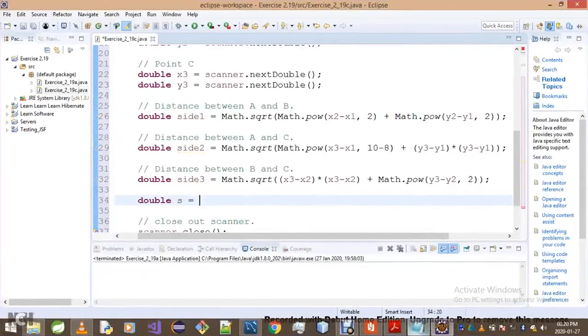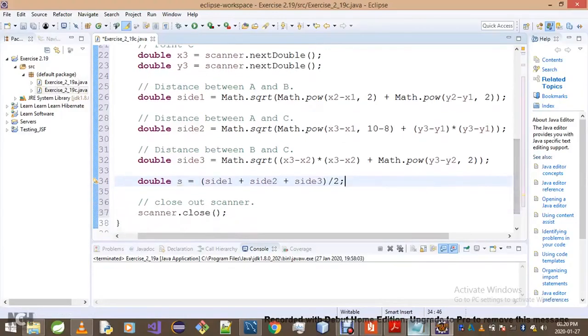So how do we get s? We simply add the three sides. Side 1, side 2, and then side 3. Divide the whole thing by 2. Of course, you end it with a semicolon.